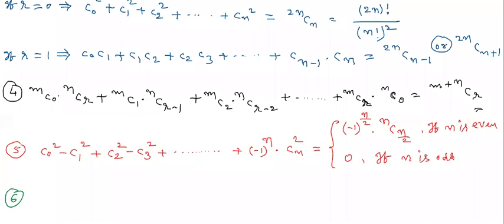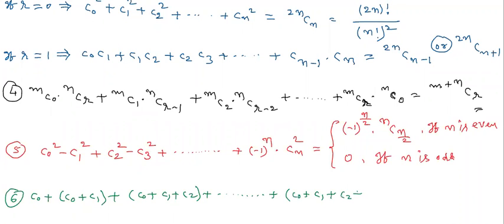Sixth one, C0 plus (C0 plus C1) plus (C0 plus C1 plus C2) plus and so on, plus (C0 plus C1 plus C2 plus and so on Cn).